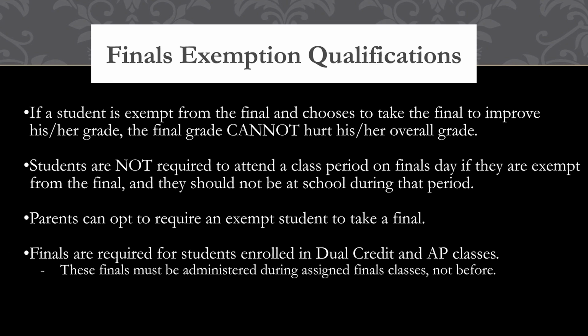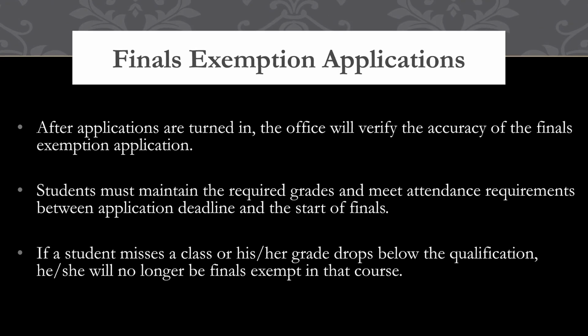So parents can nix finals exemption. And all dual credit and AP classes are required to give a final during the assigned finals time period. So you can't give your final early and then allow them to miss on the day of finals. You have to give your final during that day.